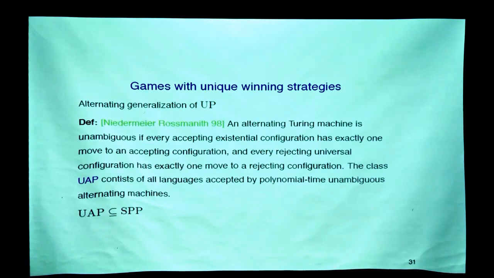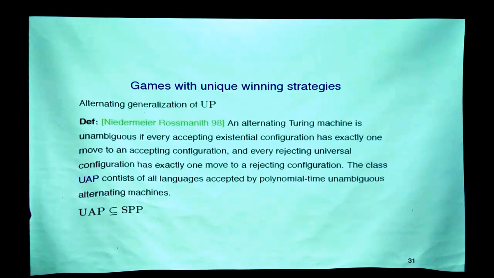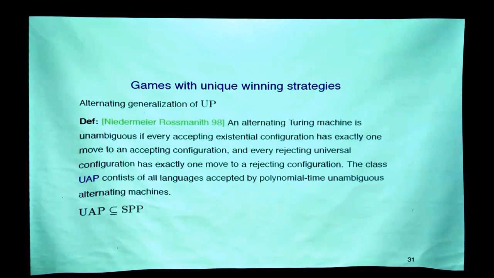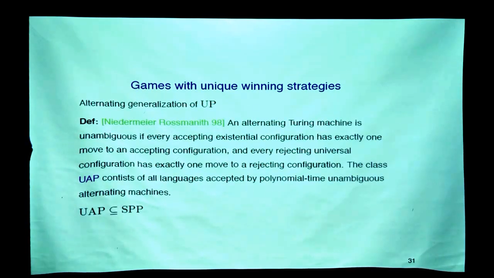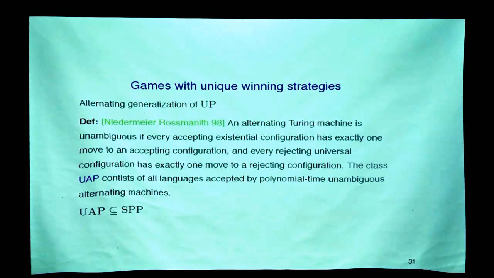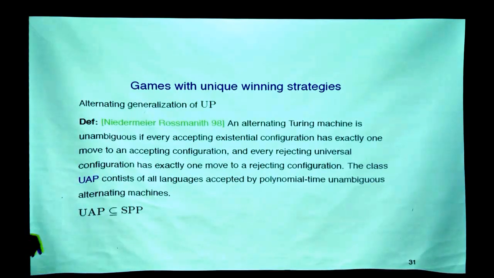And this is UAP. And they show that in fact it is a subclass of SPP as before. So it's even more restricted, although of course what can happen in complexity classes is that they are the same.